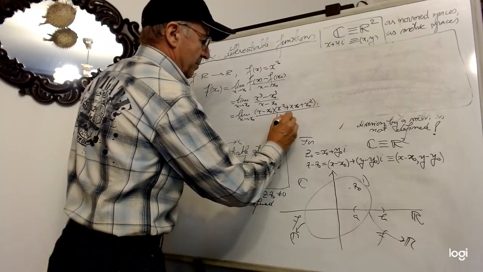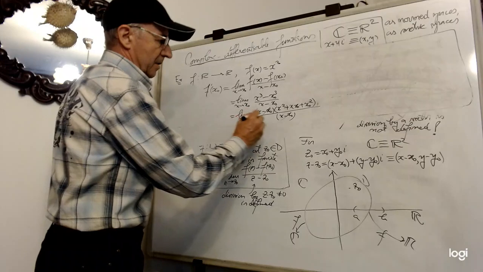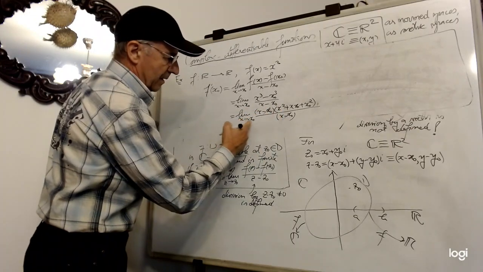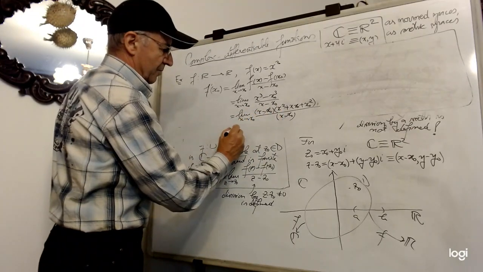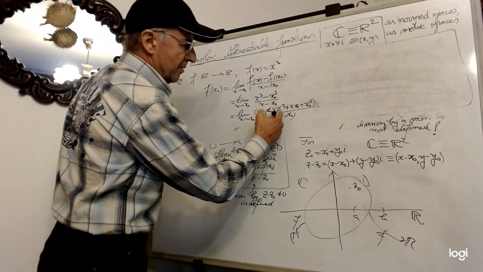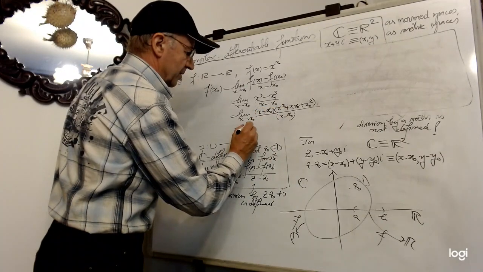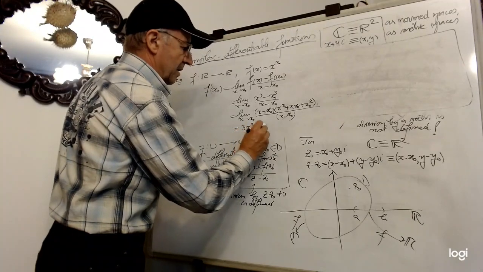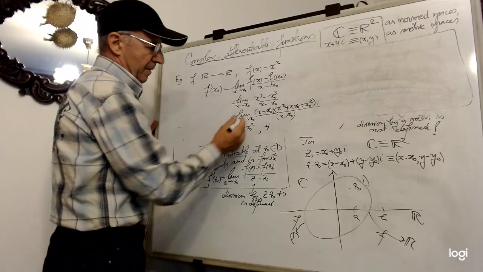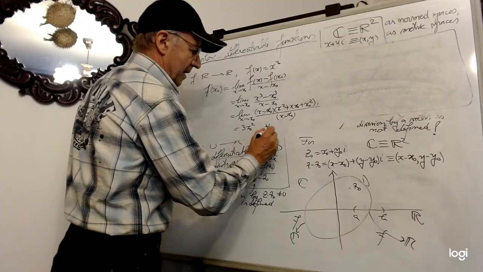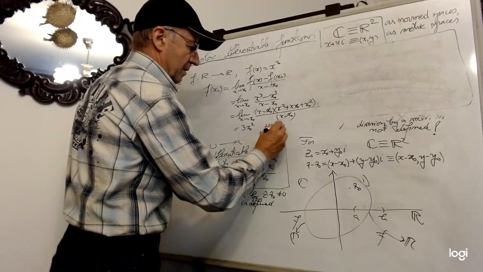We can simplify here and we get the limit at point x0, which will be 3 times x0 squared, and we obtain this for any x0 in R.